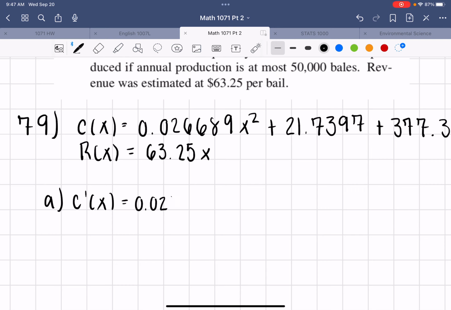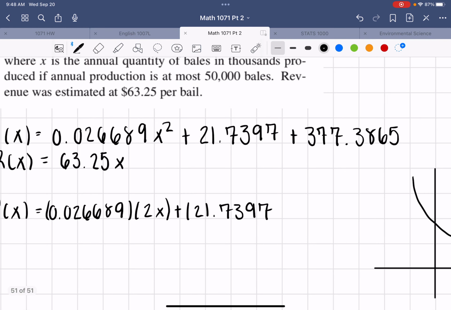And now what they want is marginal profit. Okay, you know that profit is revenue minus cost. And therefore marginal profit is marginal revenue minus marginal cost. You can take the derivative term-wise. That's what we've been doing.